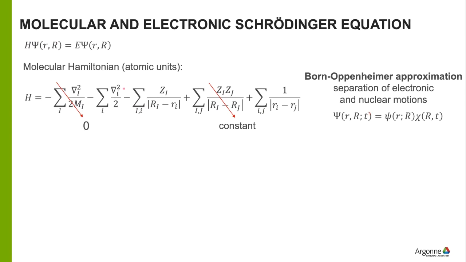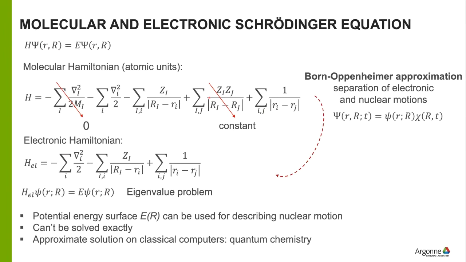Therefore, we can set this kinetic energy of nuclei to 0, and this term that's easy to compute, the nuclear repulsion, you can just add it to the total energy afterwards.